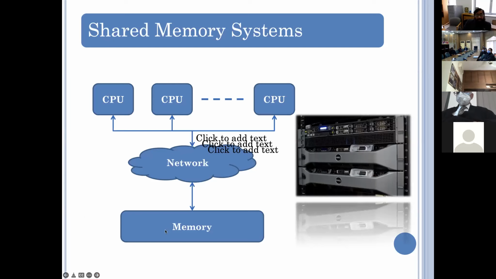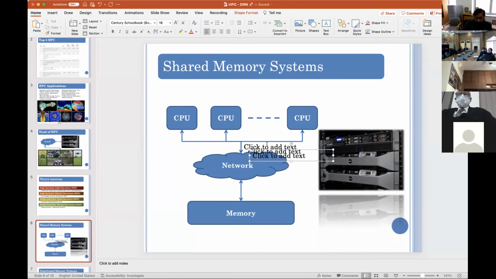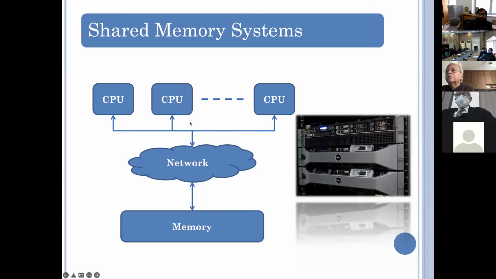So now the question is how we can do the programming. To start with, first I will go for shared memory system. For shared memory systems, we have multiple CPUs.